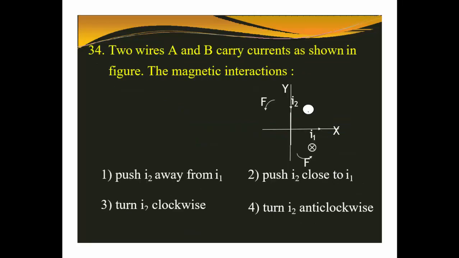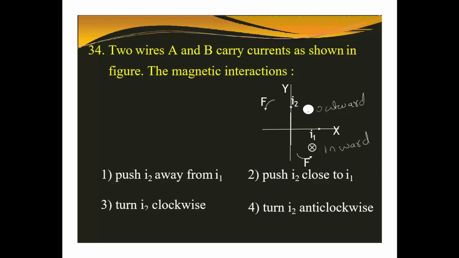Okay, next question. Two wires carry currents as shown in the figure. The magnetic interactions, options here: push I2 away from I1, push I2 close to I1, turn I2 clockwise, turn I2 anti-clockwise. Here a dot means outward and a cross means inward.